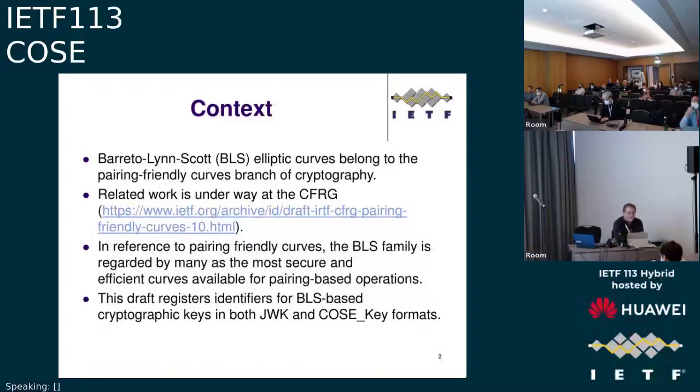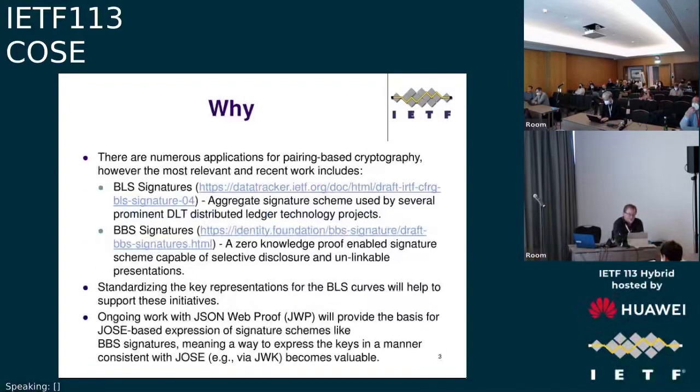Next. So there's numerous applications of pairing-based cryptography. There's one called BLS signatures. There's the BBS+ signatures work that some of you who are aware of some of the current decentralized zero-knowledge proof work may have been following.